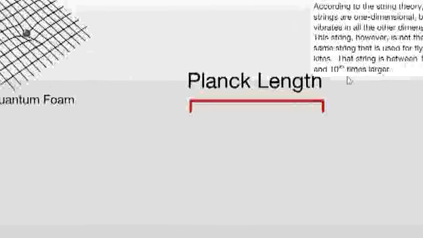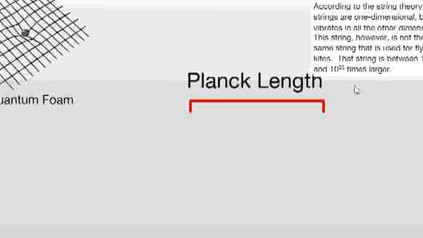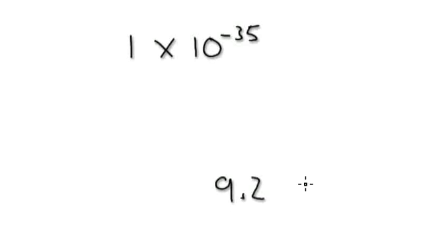I want a string here. Okay, well, you can't see on the screen. It's actually 1 times 10 to the minus 35. So hang on, 1 times 10 to the minus 35. Remember when I said in the previous video, it's pointless thinking of a number like 9.2 times 10 to the power of 9999999.